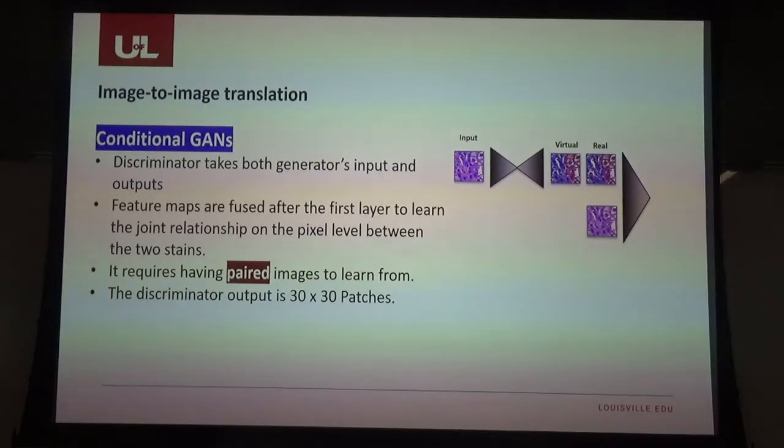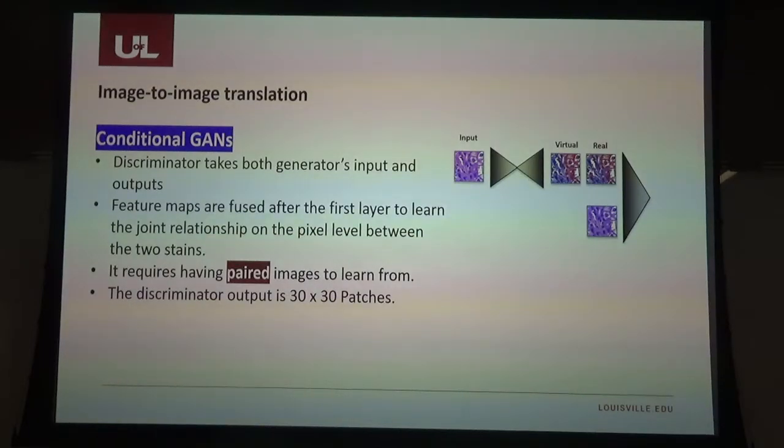The conditional GANs model, beside comparing between the virtual and the real image produced by the generator, also takes another branch, which is the input.